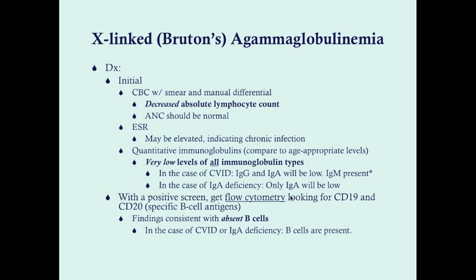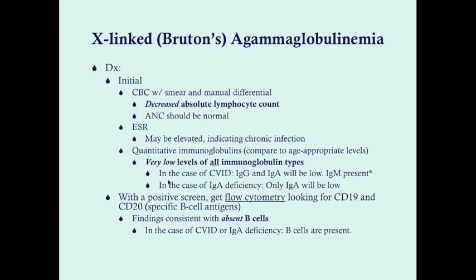And remember, IgM is the very first antibody that you create. It's the antibody that's sort of being created during the maturation process of the B cell. So IgM will be low in addition to all the other immunoglobulins.